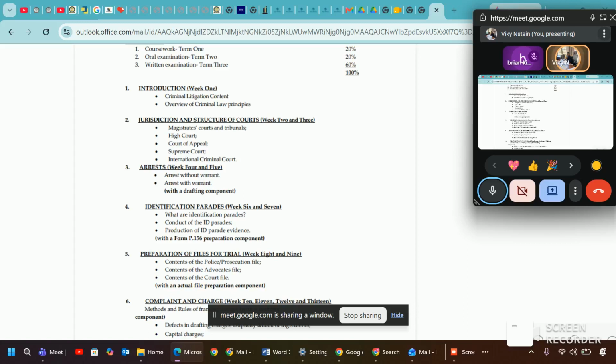Okay, so if you have been identified under a photographic identification parade, you will be required to go through a physical ID parade to corroborate the photographic identification.